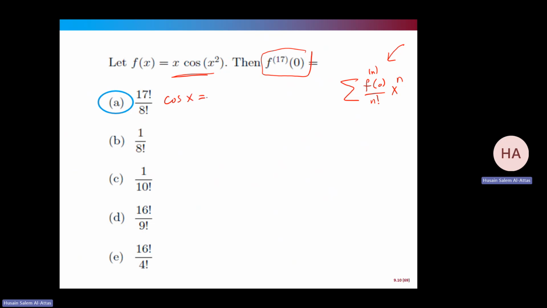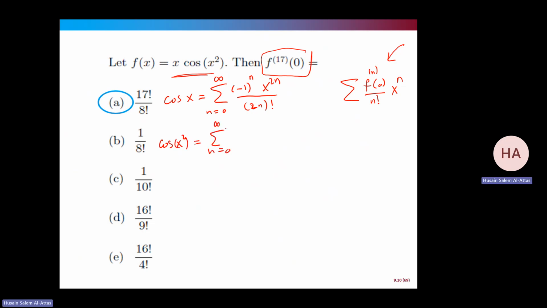Cosine x is what? Summation n equals 0 to infinity, minus 1 to the power n, x to the power 2n over 2n factorial. Now cosine x squared, that gives me summation.